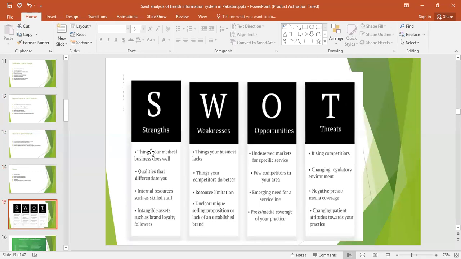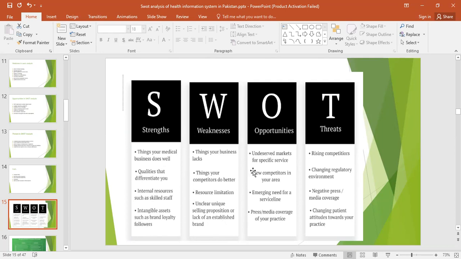As for strengths, think of what your medical business does well, qualities that differentiate you, internal sources such as skilled staff, and intangible assets such as brand loyalty and followers. Weaknesses are things your business lacks, things your competition does better, resource limitations, unclear unique selling proposition, or lack of an established brand.